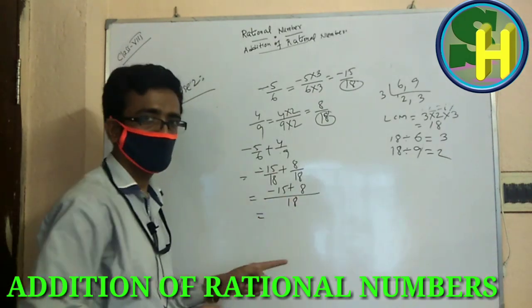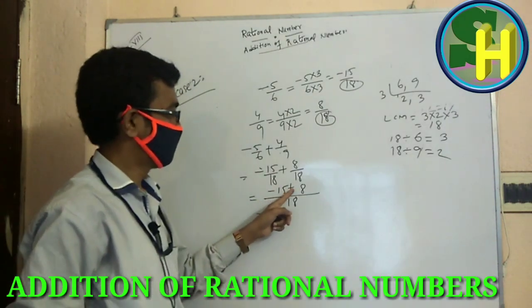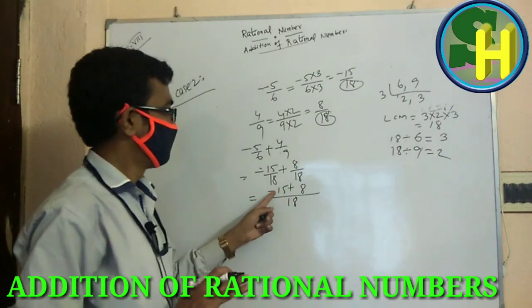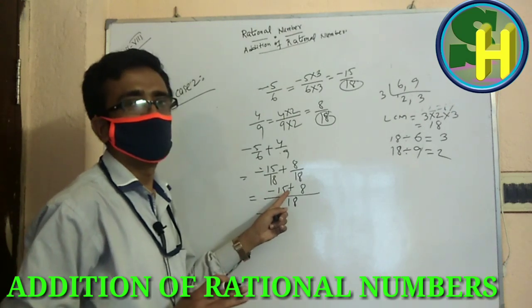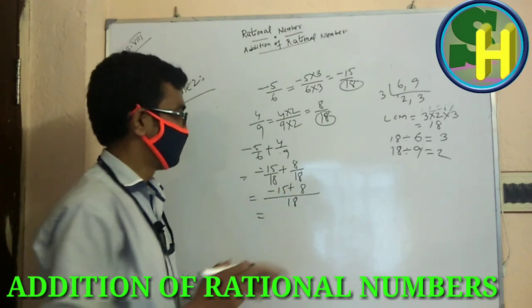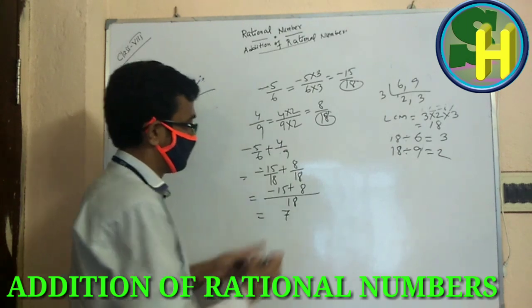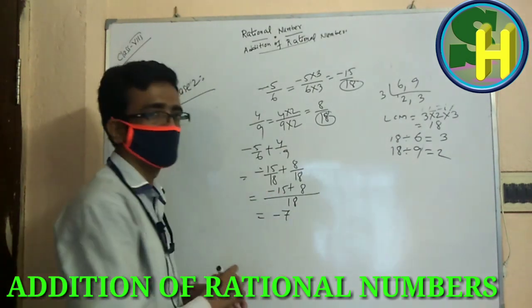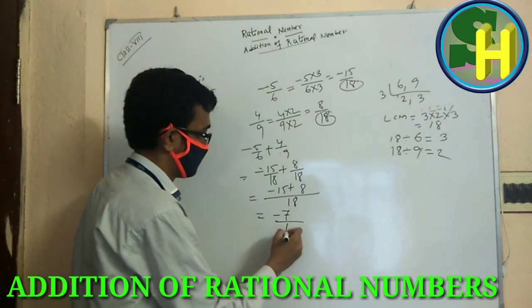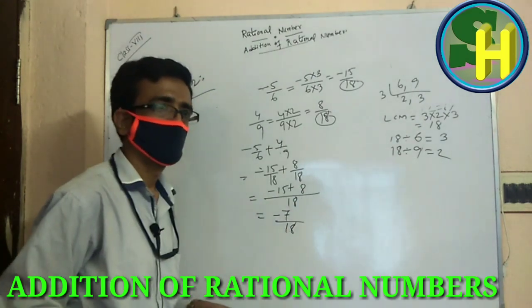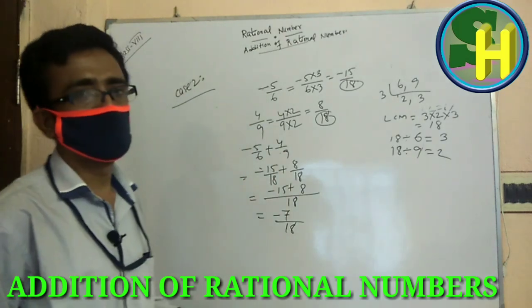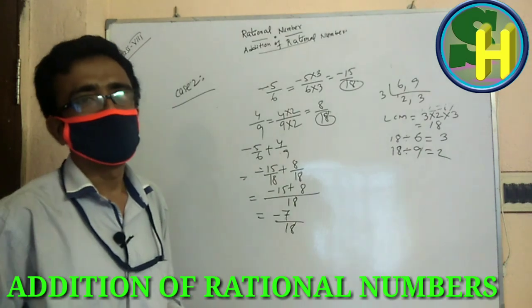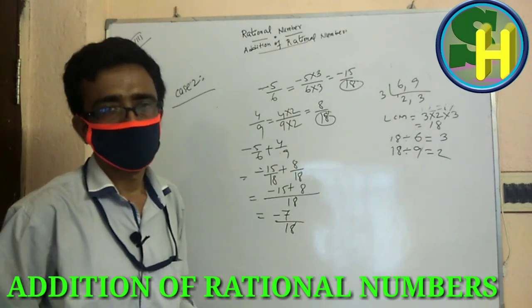Here minus and here plus: if they have opposite signs, you simply subtract between both numbers. 15 minus 8 is 7. This is the bigger number, so it takes the minus sign. You write down the minus sign and then write the LCM. This is the second procedure for adding two numbers having unequal denominators.